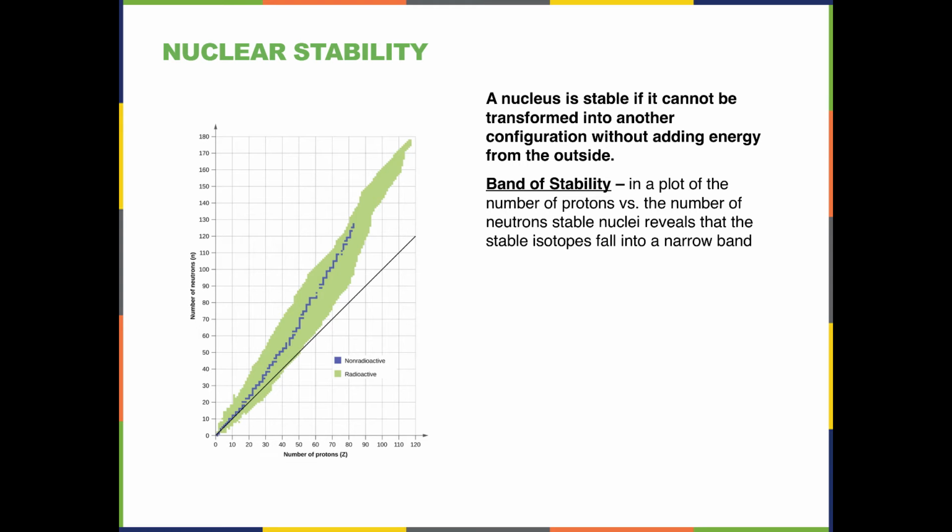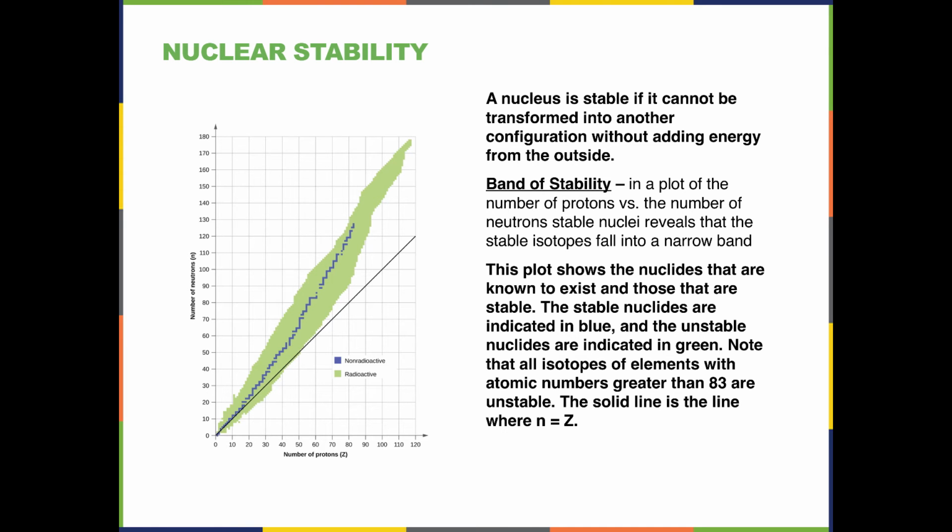And then around that are the radioactive elements, and they can have either fewer or more neutrons for the number of protons. And when a nuclear reaction occurs, elements tend to travel from the radioactive band to the non-radioactive band. They will continue to react until they reach the non-radioactive part.